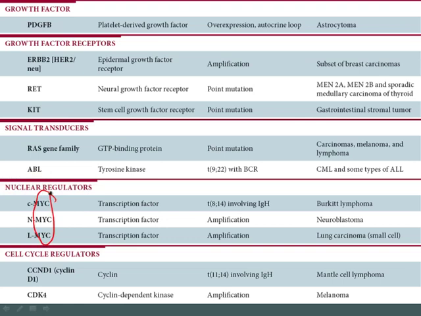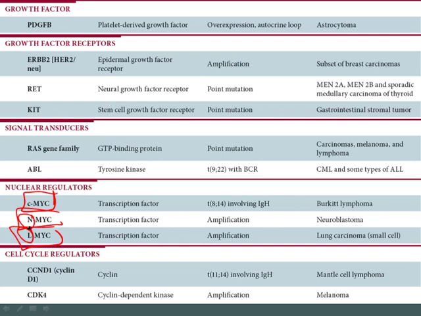What I would remind yourself of here is that the three key MYCs to be familiar with are c-MYC, which is associated with Burkitt's lymphoma, N-MYC, and the N helps you to remember neuroblastoma, and L-MYC, which is associated with small cell lung carcinoma, and so the L will help you to remember lung.